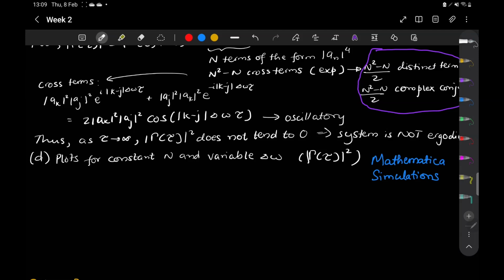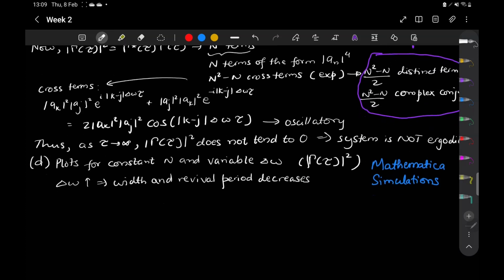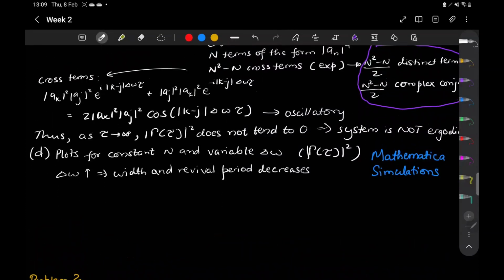And what we will see is that as delta omega increases, the width and revival period, which is the periodicity for this function mod gamma tau squared, will decrease. Let us now head over to Mathematica and see the simulations for ourselves. Let me open up my Mathematica screen, the Mathematica programming environment.